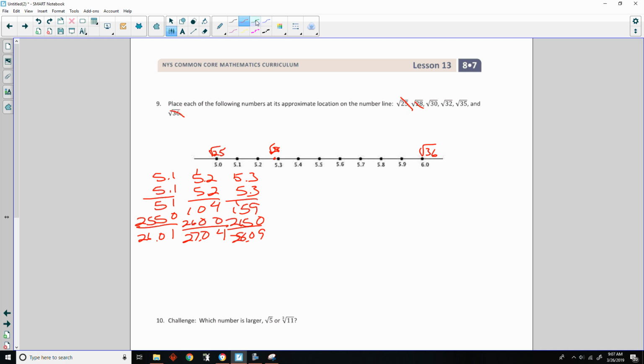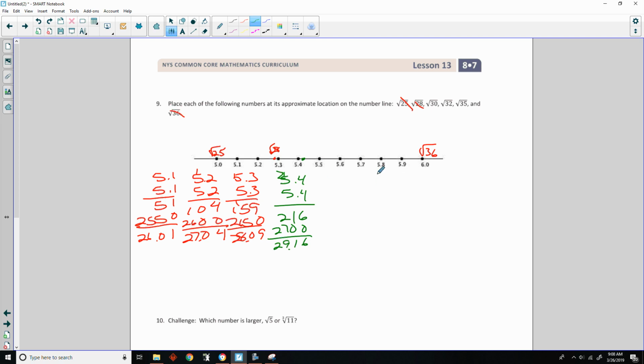Let's change colors for 30. We're going to continue with 5.4 squared. 4 times 4 is 16, and so on, which gives 29.16, which is less than 30. So 30 is just a little bit more than 5.4, so I would say the square root of 30 is to the right of 5.4.